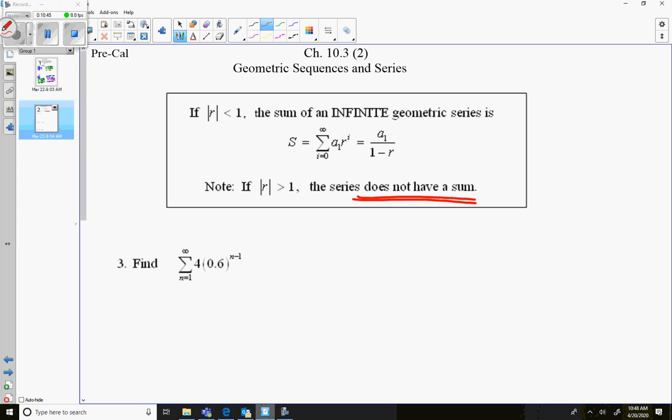On the other hand, if that common ratio r is less than 1 in absolute value, it could be positive or negative, then it will actually approach an answer, and we will get an actual answer.